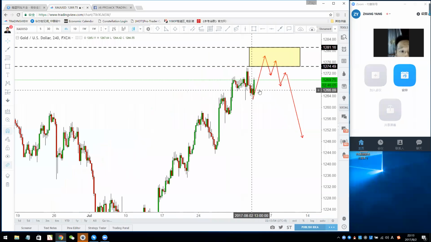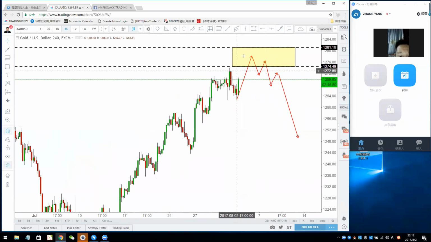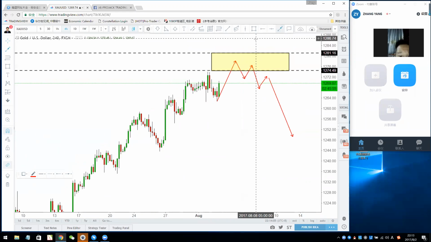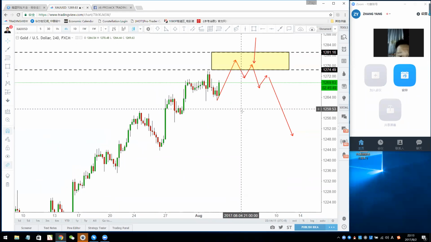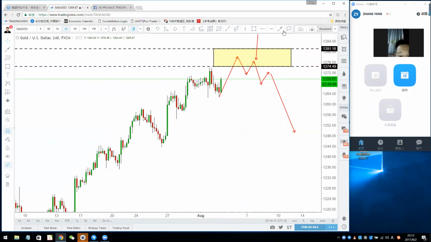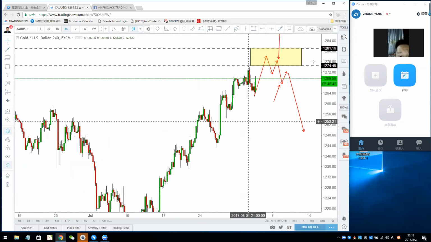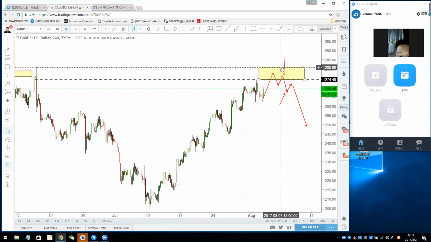Okay, so gold, pay attention to 1274 to 1281 and wait for the price to have a double top, which is just pay attention to this lower high. I want to see a lower high and then I want to see a lower low. I will see the lower high and lower low to confirm the trend has changed, and best if it can break the whole uptrend.